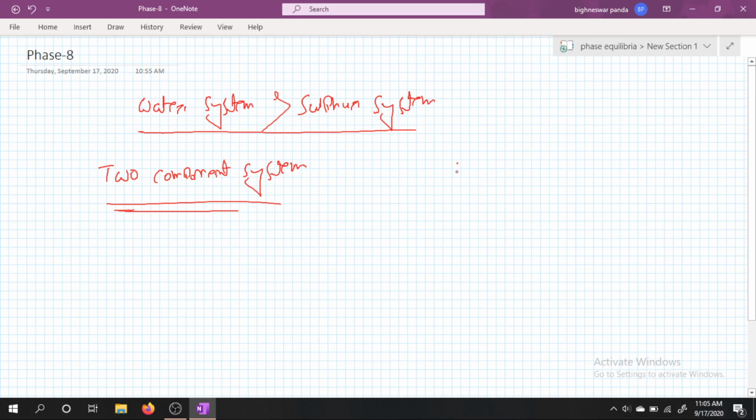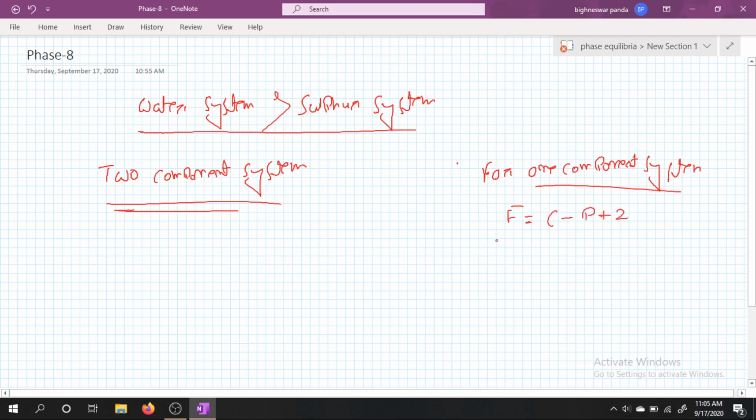Let us first revise the one component system. For one component system we have degree of freedom F = C - P + 2. Since the component is 1, I can write F = 3 - P, and this is for a one component system.